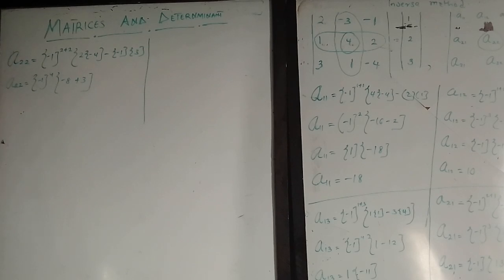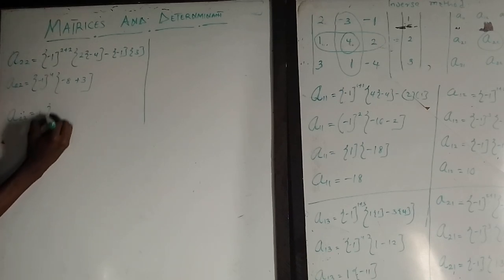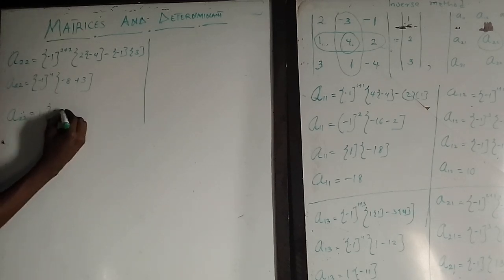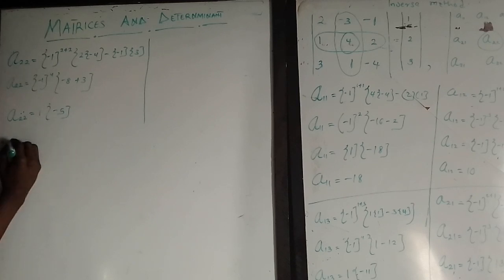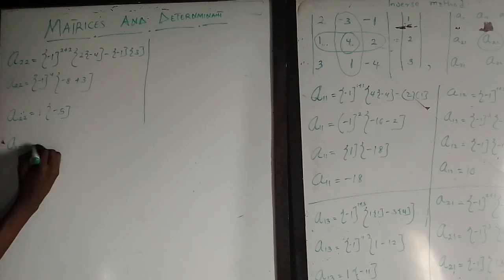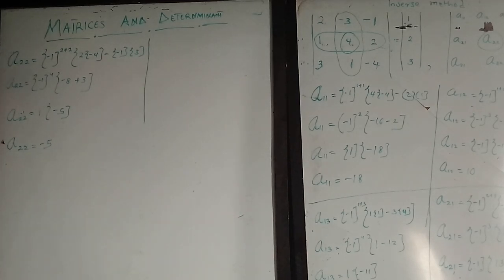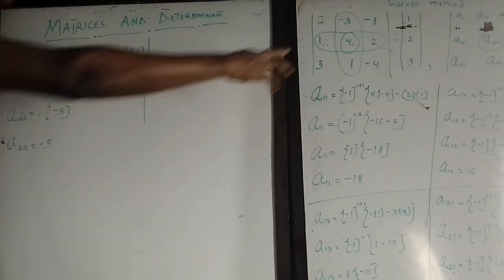So now A22 is equals to minus 1 raised to power 4 will give us 1. Then minus 8 plus 3 will give us minus 5. So our A22 is equals to minus 5. So our answer for A22 is what? Minus 5. So let's move forward to A23.